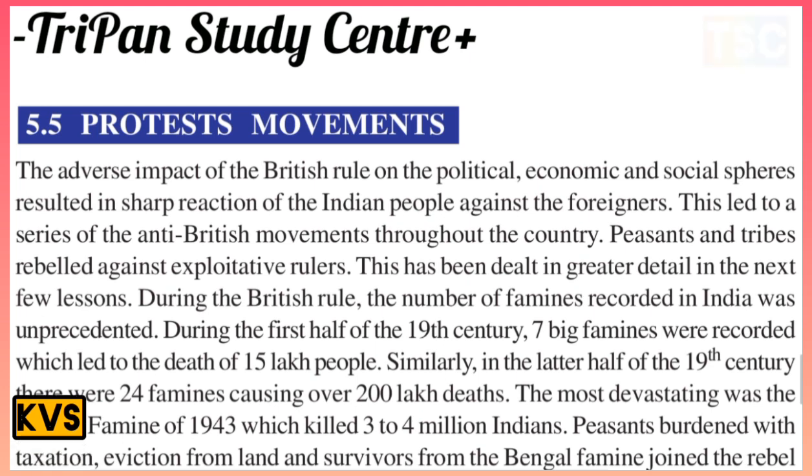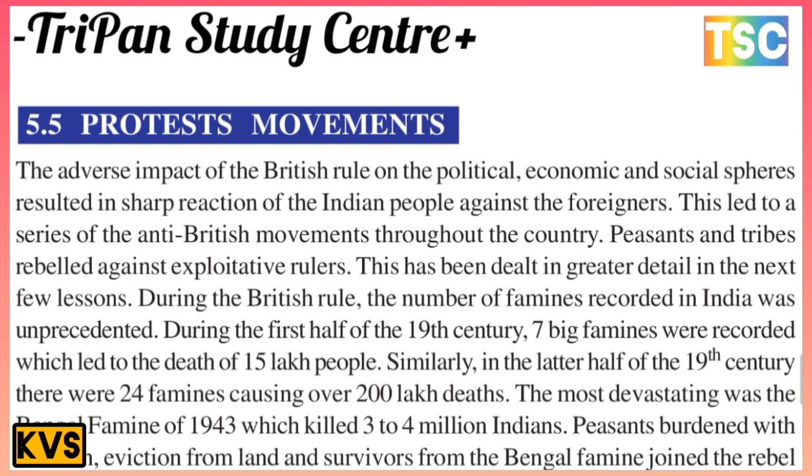This will be discussed in greater detail in the next few lessons. During British rule, the number of famines recorded in India was unprecedented. During the first half of the 19th century, seven big famines were recorded, which led to the death of 15 lakh people.